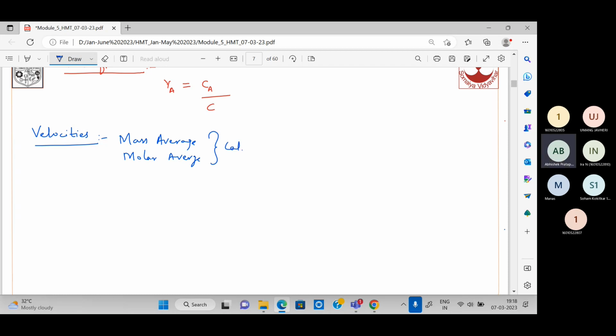Let's take one fluid mixture having two components, component A and component B. The velocity of A is UA and the velocity of component B is UB.